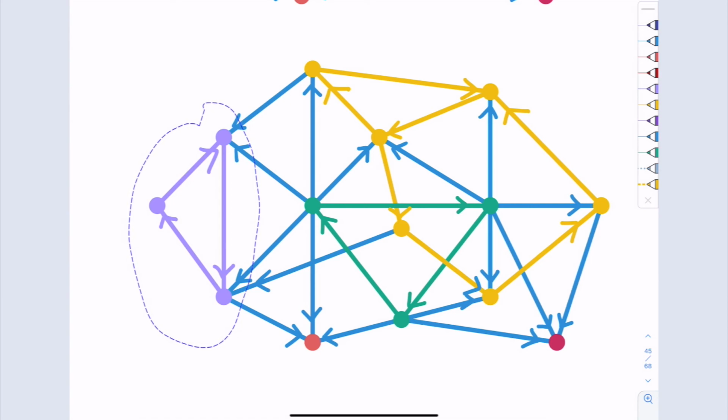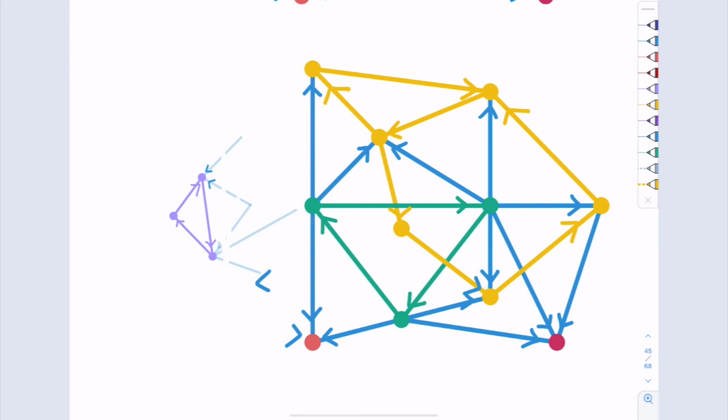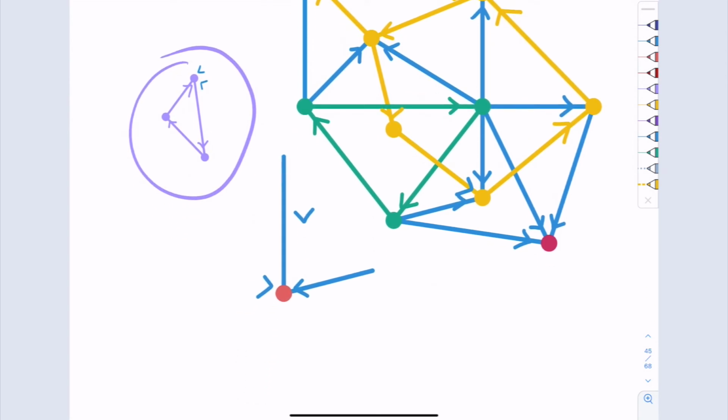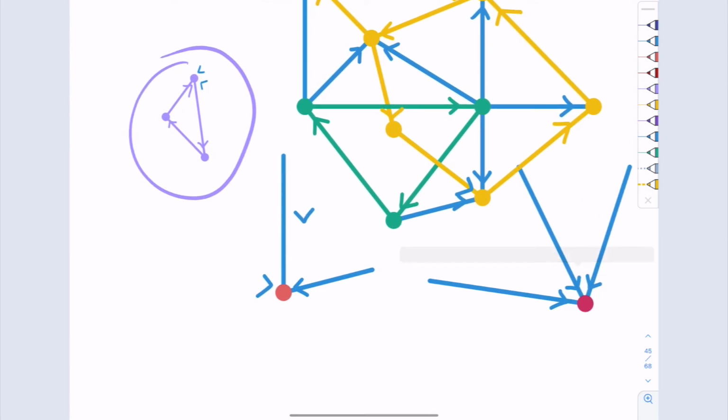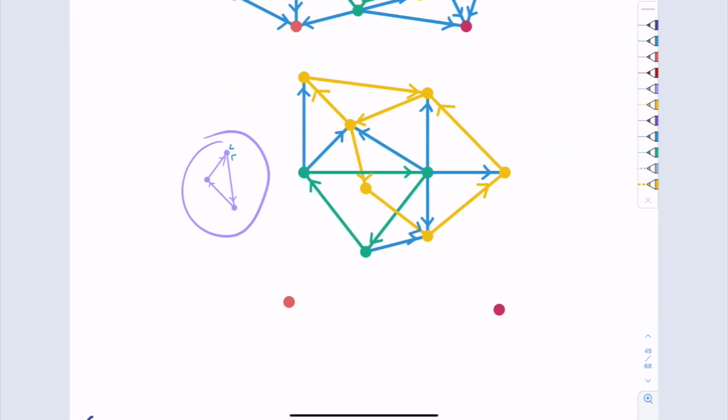I'll take this and I'll shrink it. I'll take this vertex by itself, this vertex by itself. So I want to think of each strongly connected component as a vertex. So I want to take all the vertices and contract it and then take the glue of the edges that remain. It's a little bit hard to rip out this triangle.